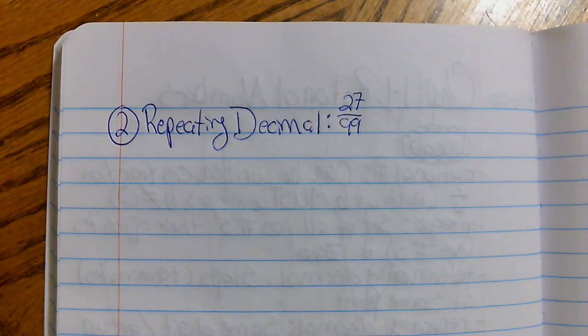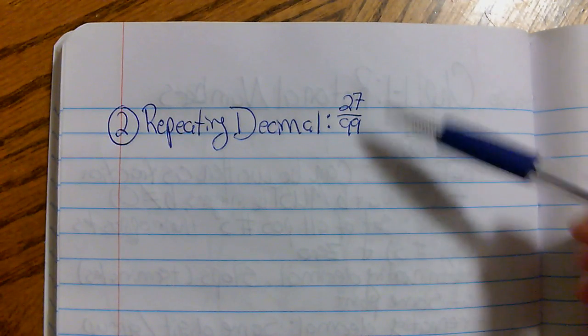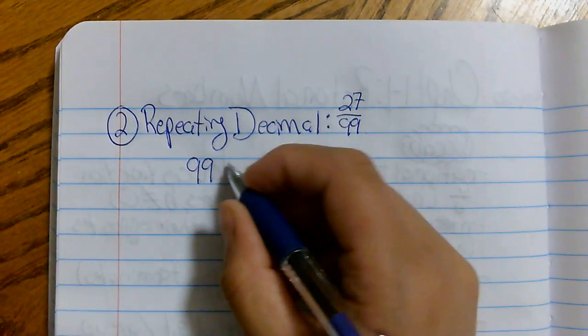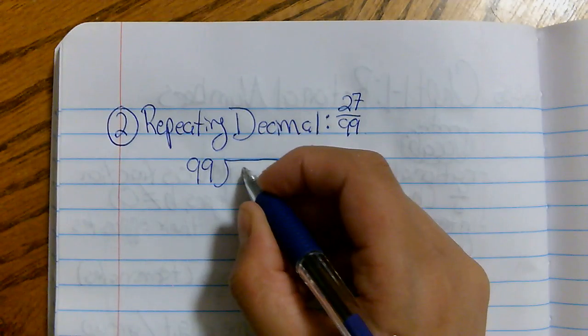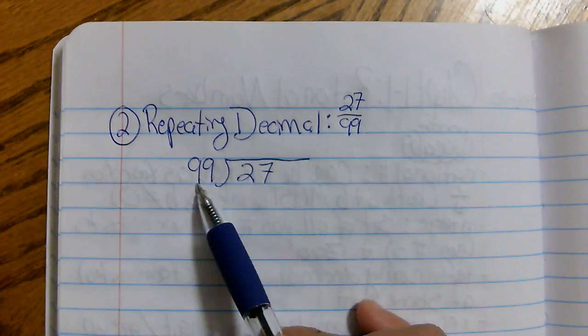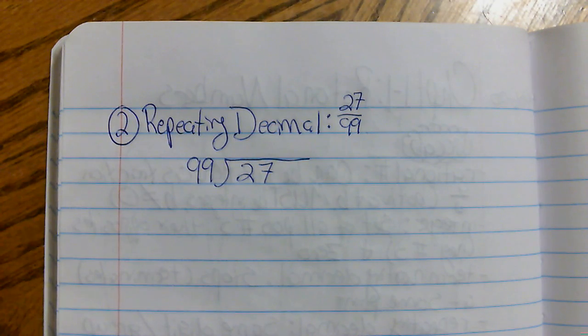Yeah, sure, that's a good one. All right. So, in order to turn this into a decimal, we do the same thing as we did before. Top, divide, bottom. So if I set it up in my division bracket, 27 should be on the inside. It's the dividend, and 99 is my divisor.